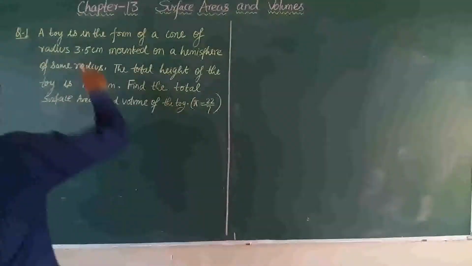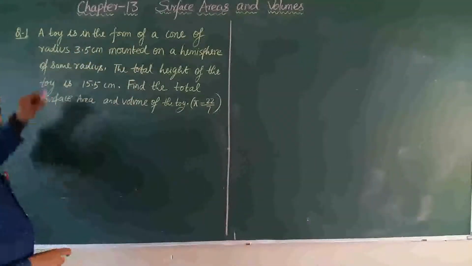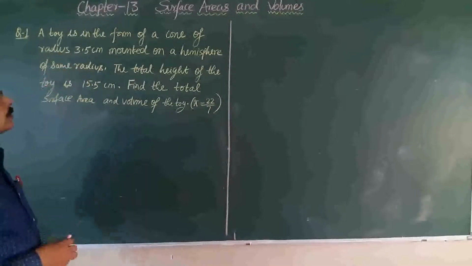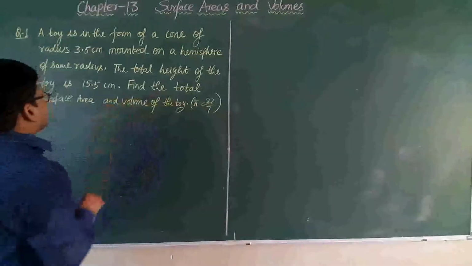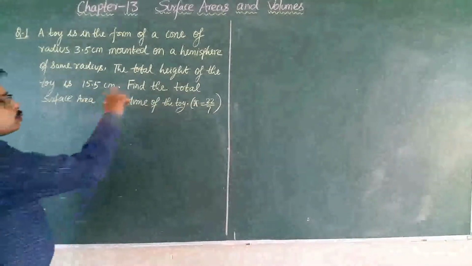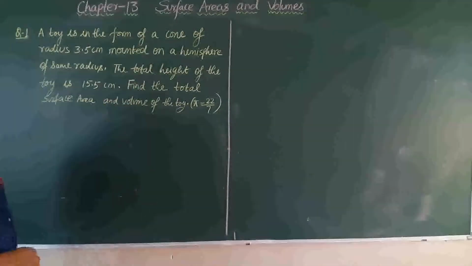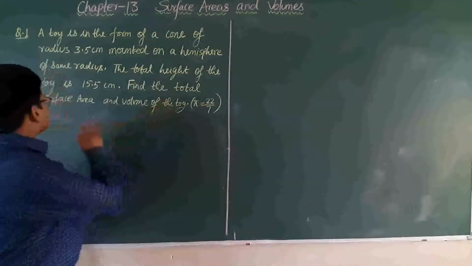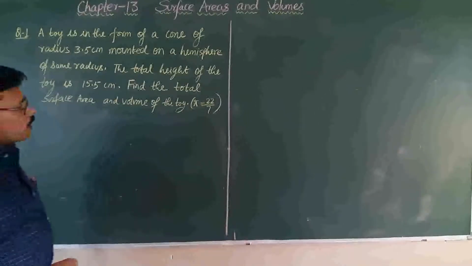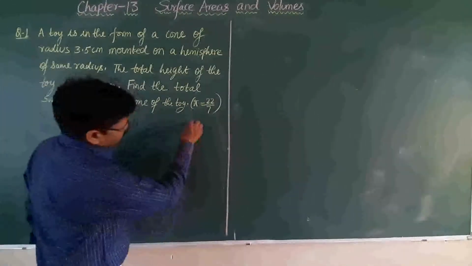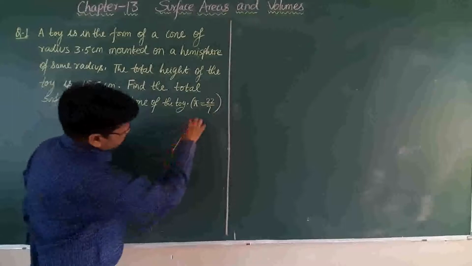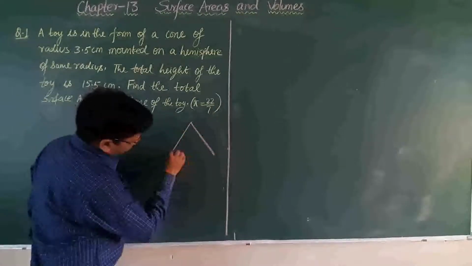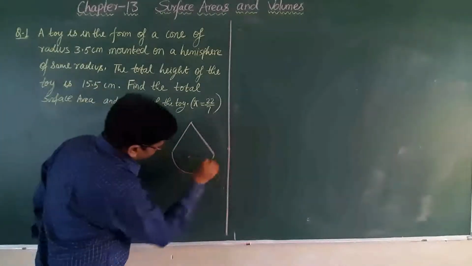So the first question is: a toy is in the form of a cone of radius 3.5 centimeter mounted on a hemisphere of the same radius. The total height of the toy is 15.5 centimeter. Find the total surface area and volume of the toy. Understand the figure. This is the cone and it is mounted on a hemisphere.